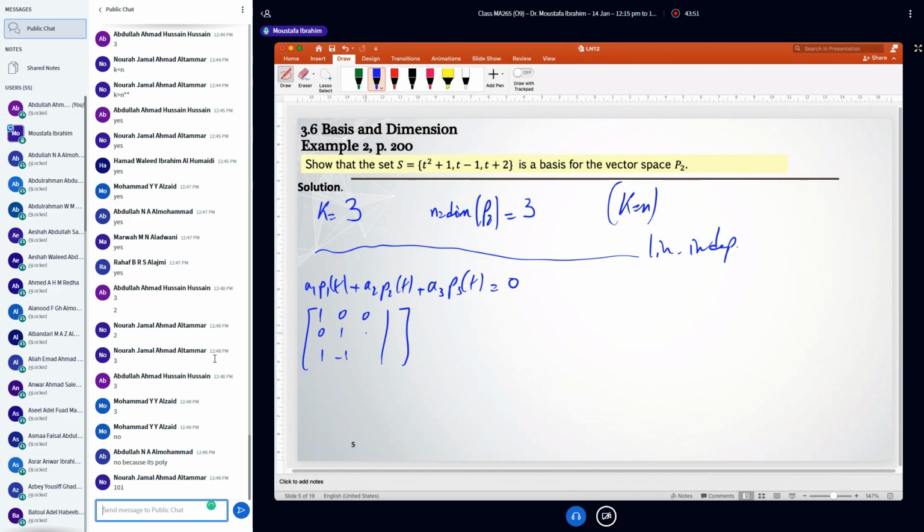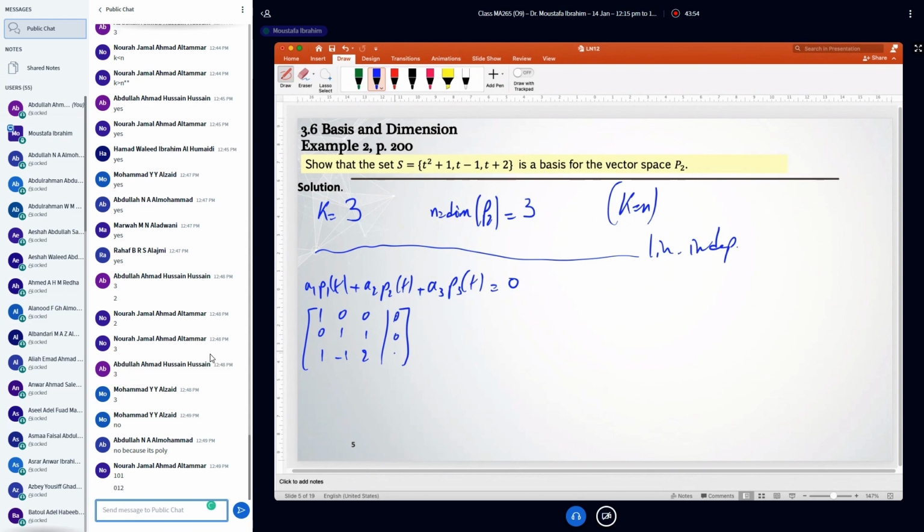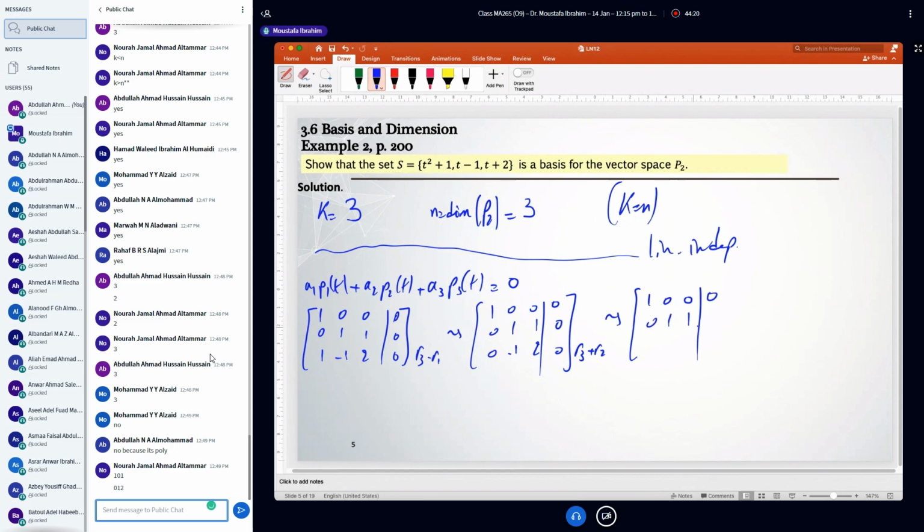Then R3 minus R1, and R3 plus R2, giving 1, 0, 0, 0, 0, 1, 1, 0, 0, 0, 3, 0.